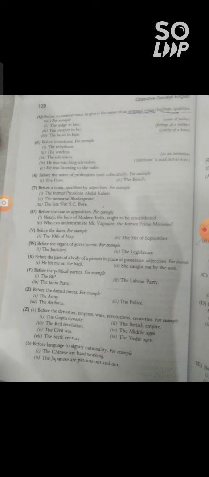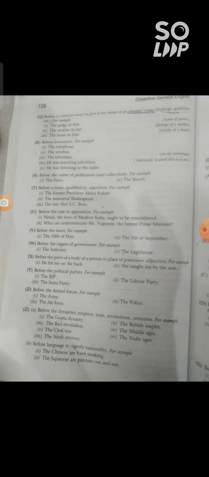Before a noun qualified by adjectives: the former president, here you see president is a noun and it is qualified by former. So the immortal Shakespeare, the late Sri S.C. Bose. Actually before such nouns we don't use the article, but they are qualified by adjectives, so that's why we use the article.